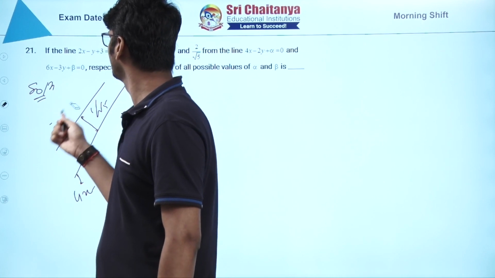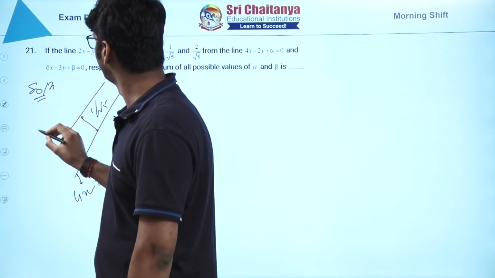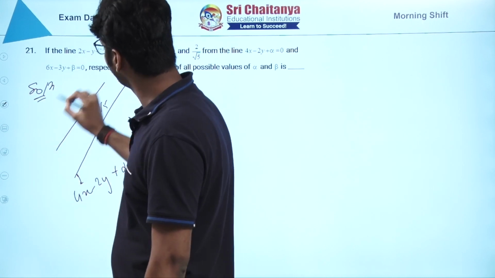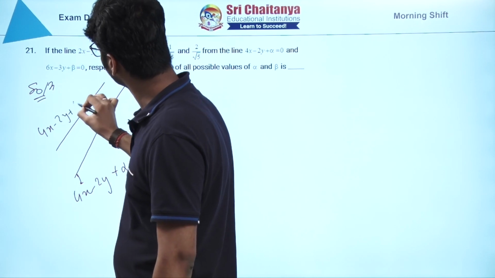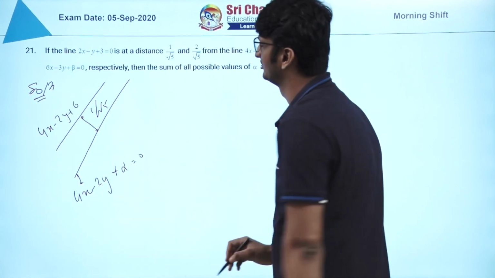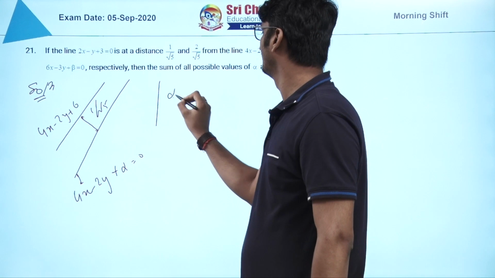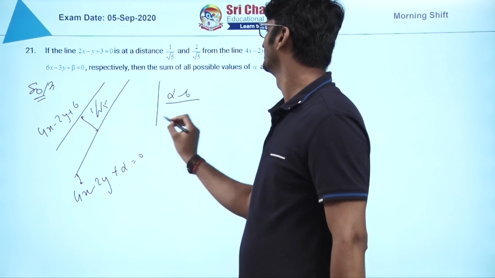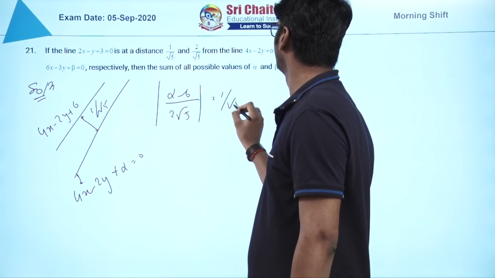Rewriting this by multiplying by 2, so that the coefficients of x and y will be the same. See here, I am rewriting this line as 4x minus 2y plus 6. Why am I doing so? To make the coefficients of x and y in both the lines the same. So using the parallel distance formula, it is nothing but alpha minus 6 by 2 root 5 is equal to 1 by root 5.